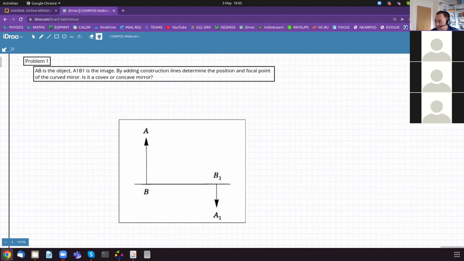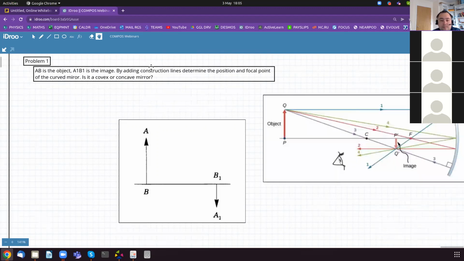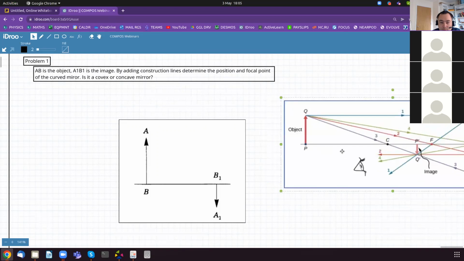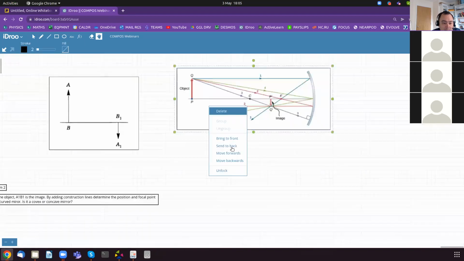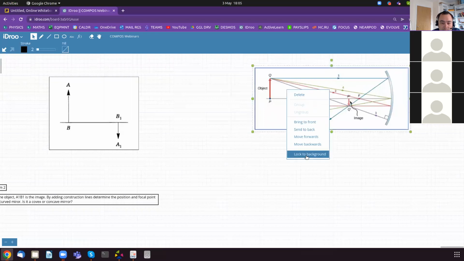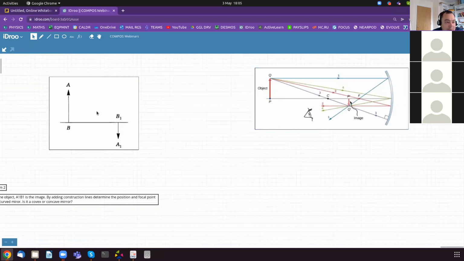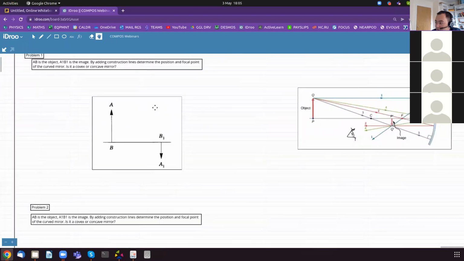So I'll copy this over from the assignment. So what interesting rays can we do? We need to find where the mirror is, and we need to find where the focal point is.